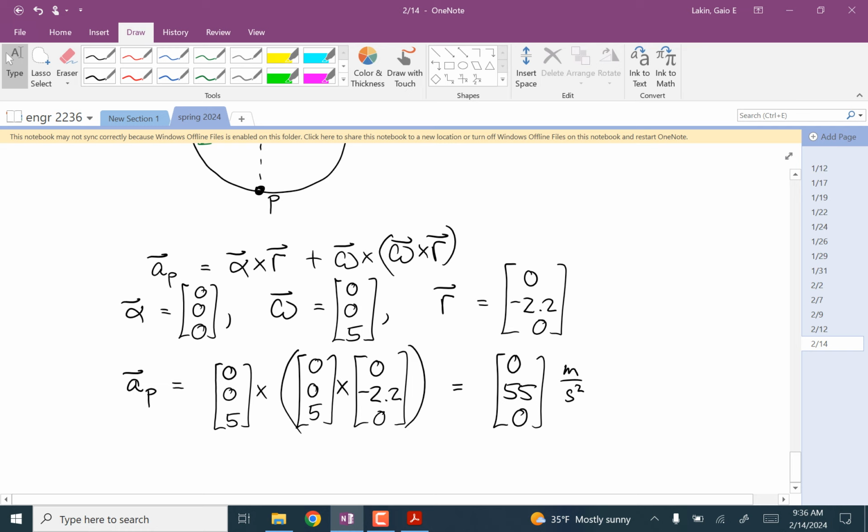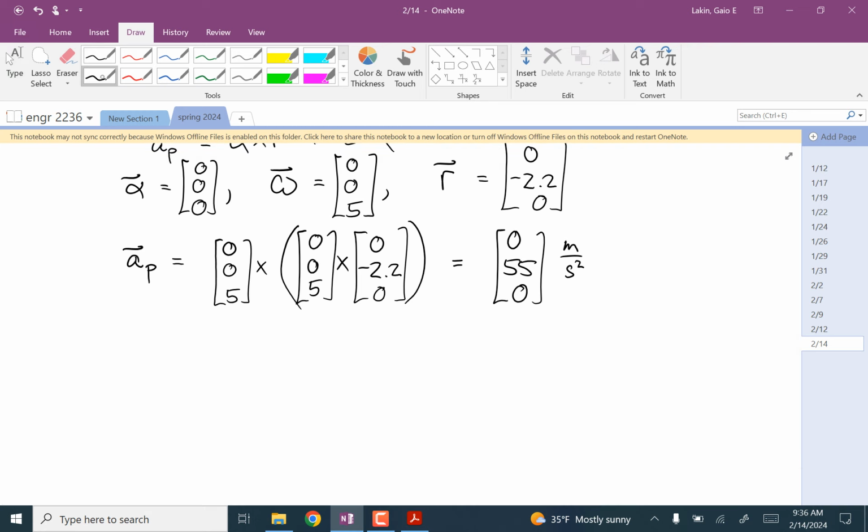But remember, gravity doesn't produce an acceleration. It produces a force, okay? And so this kid is moving in a circular path. These are the things that define that circular path, and so this is the end of the acceleration.